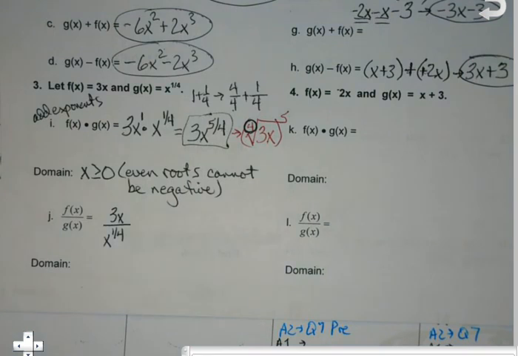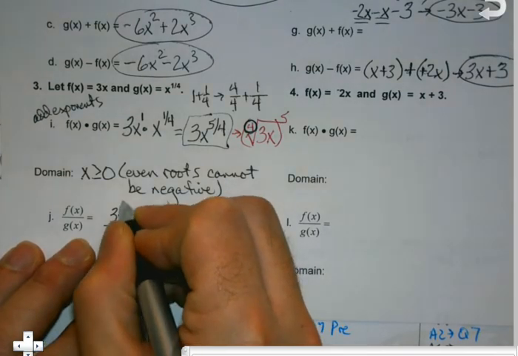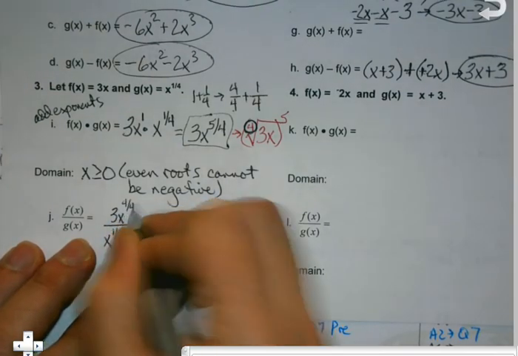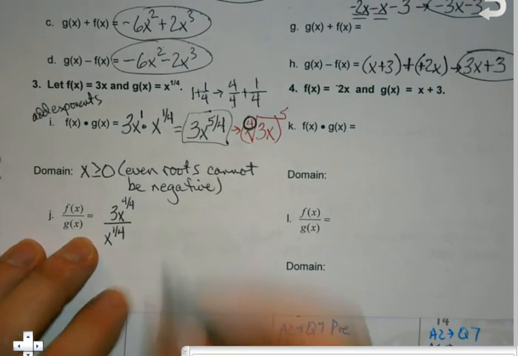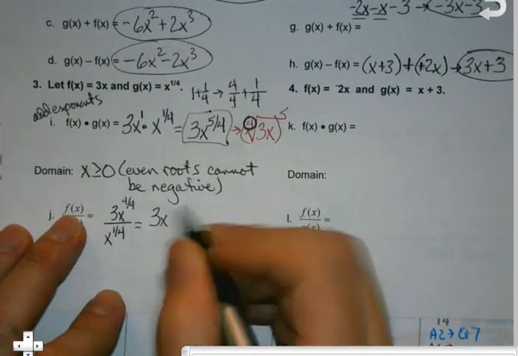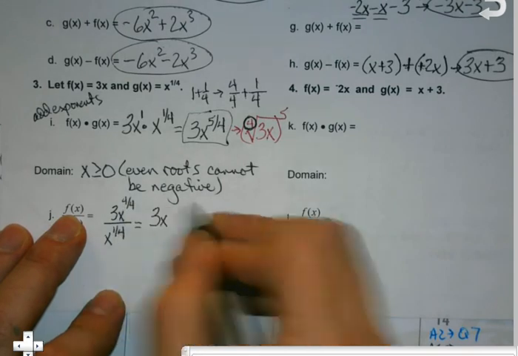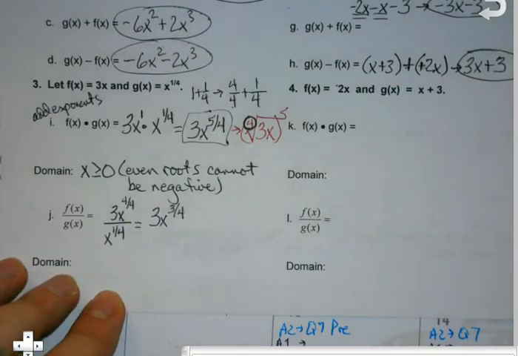What do we do with exponents when we're dividing? Right, we're going to subtract. So again, I want a common denominator, so I'm going to turn that x to the first into 4/4. And I'm going to end up with x to the 4/4 minus 1/4, which is 3/4.